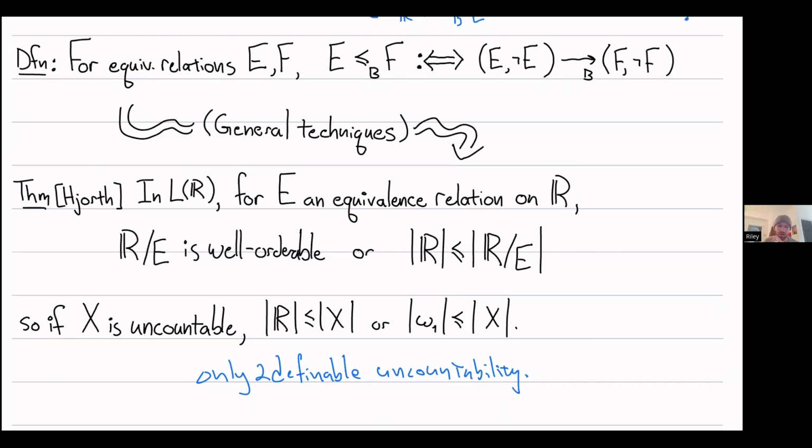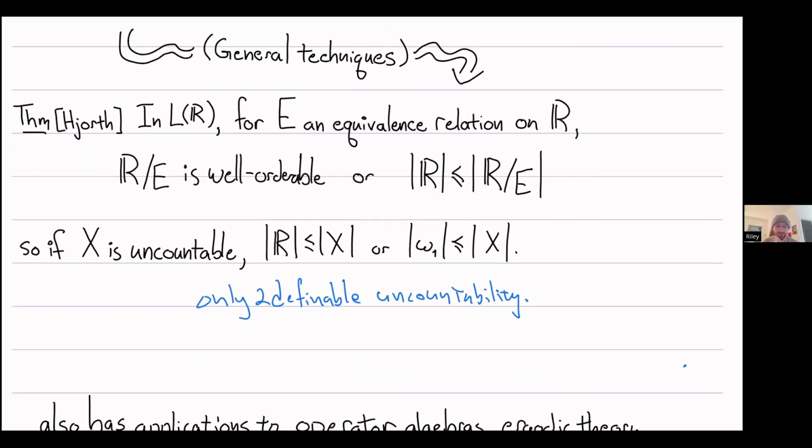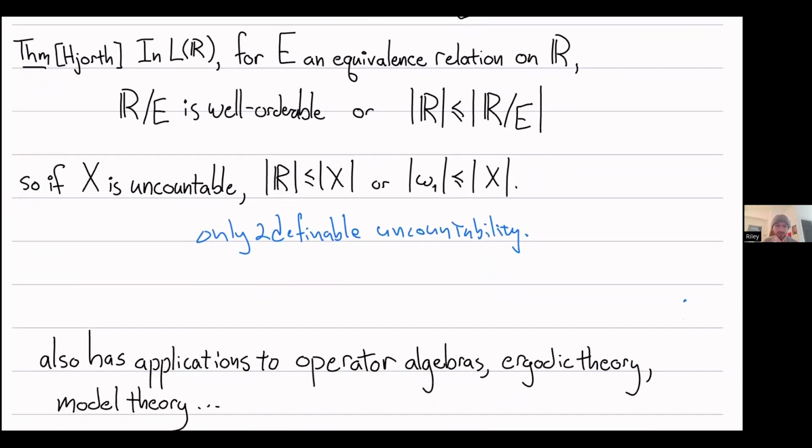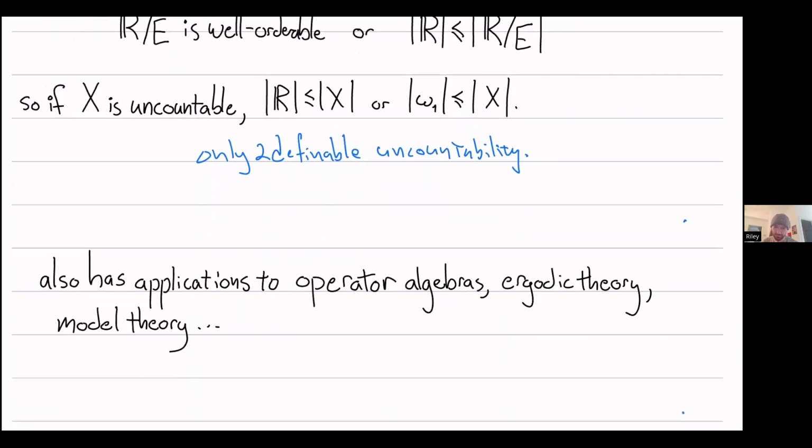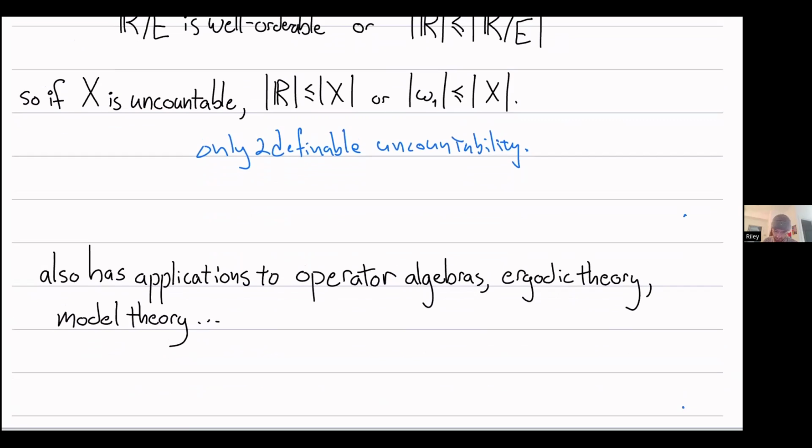But if you're not so inclined philosophically, you might also like to know that this theorem and its relatives have nice applications to operator algebras and ergodic theory and model theory. This gets you most of the way to the Vaught conjecture.